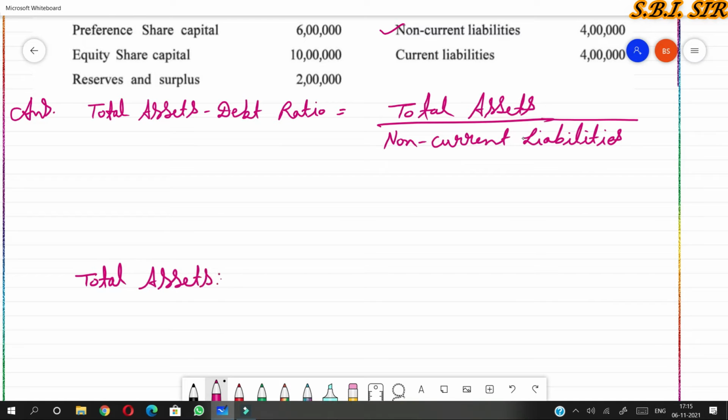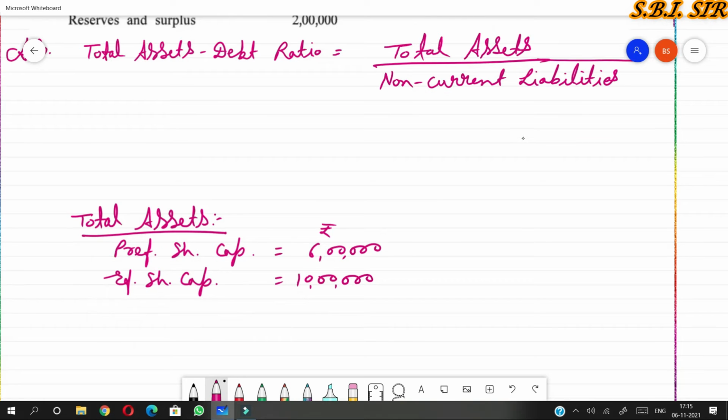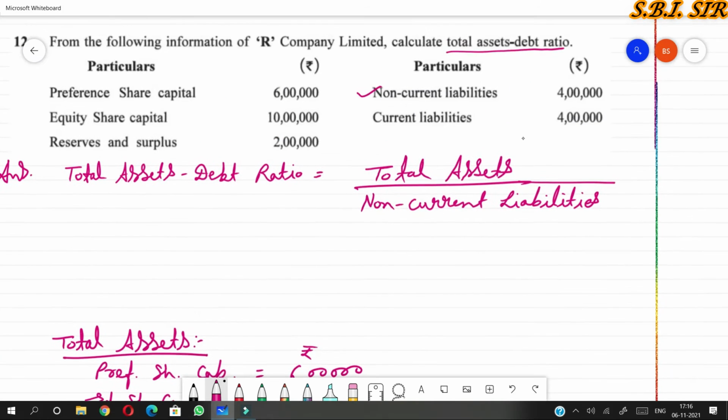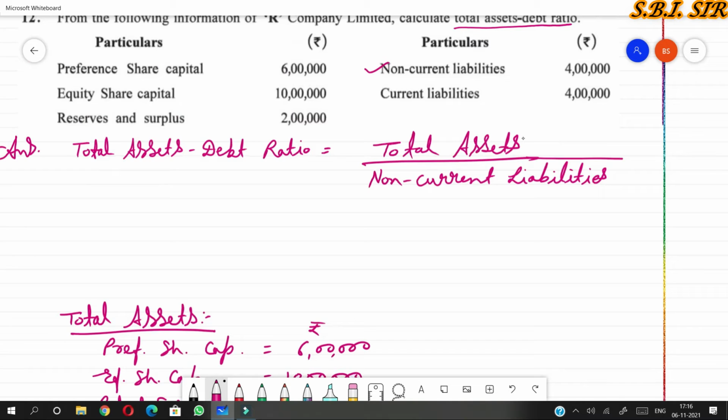like this way. Total assets: preference share capital equals 6 lakh, equity share capital 10 lakh, reserves and surplus 2 lakh, then non-current liabilities 4 lakh, and current liabilities 4 lakh.